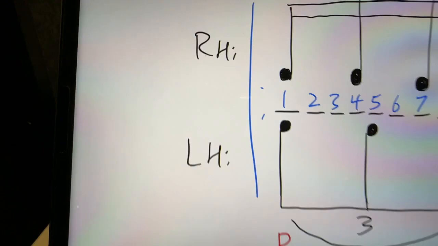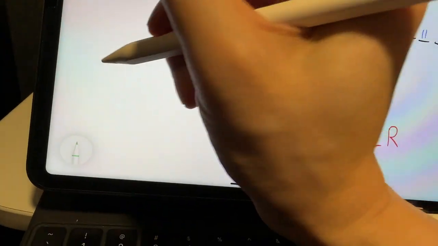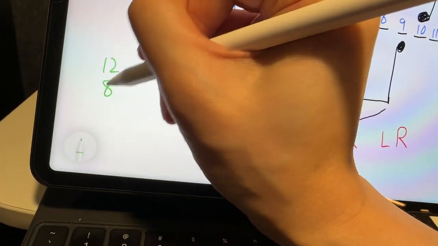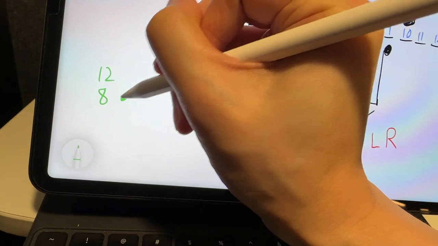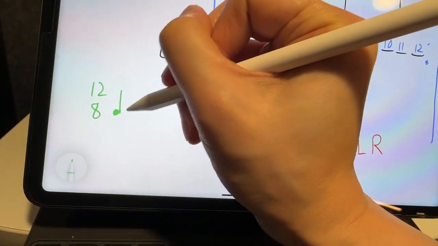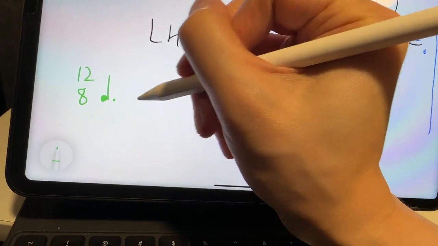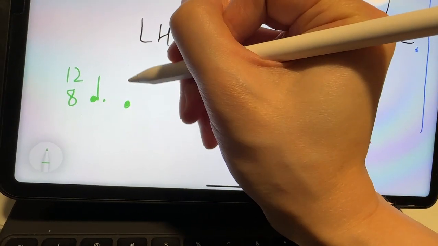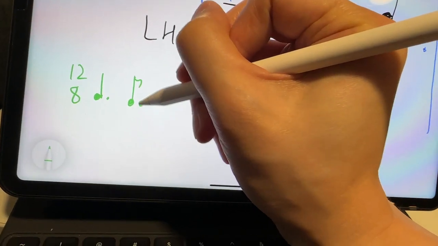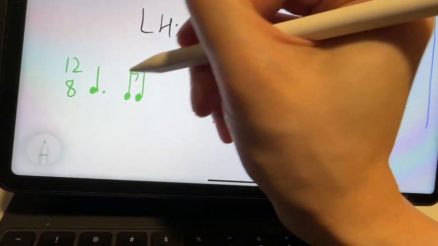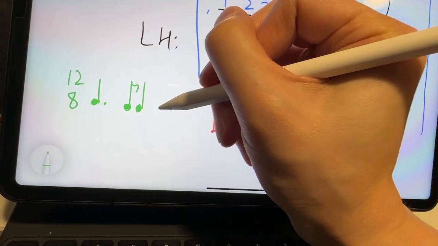And I'll try to write out this new rhythm that's created. It sounds a lot like a measure of 12/8, and I'm not going to go into all the specifics of it. If you don't really understand this meter or exactly how it works, that'll be beyond the scope of this video.